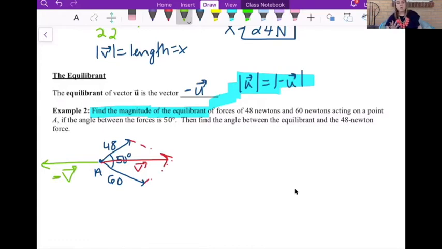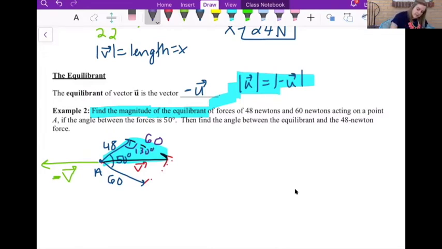So our forces are the same. The magnitude of v and the magnitude of negative v is the same. And so I'm going to be focusing on this triangle here because I know that this side is also 60. And if this angle is 50, that means that this angle has to be 130.